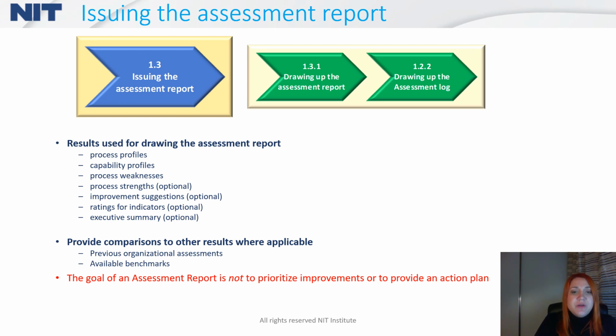For example, previous organizational assessments: what was before and what is now, and how we improved or how we degraded as a company. All those things will be part of the assessment report. The assessment report must include a lot of information, and its goal is not to prioritize the improvements given to the assessed party, and not to provide the action plan.